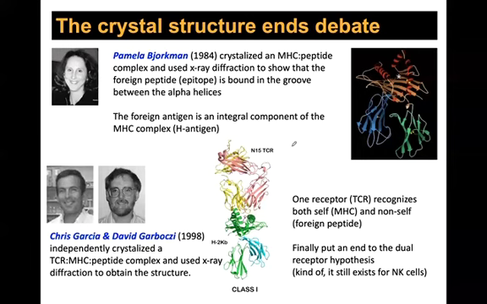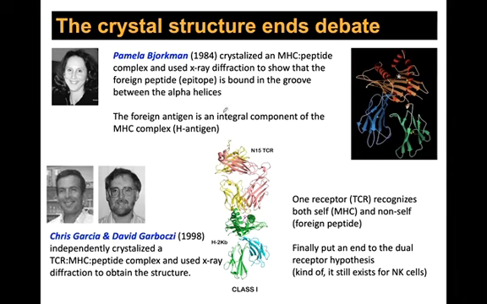This finally put an end to the dual receptor hypothesis. Pam Bjorkman's work showed that it's probably not true, and then Chris and David really hit the final nail in the coffin, showing how a T cell receptor actually recognizes antigen.